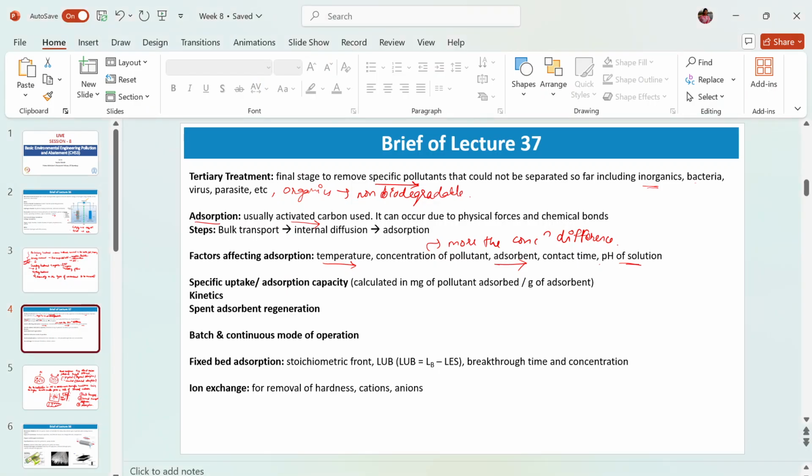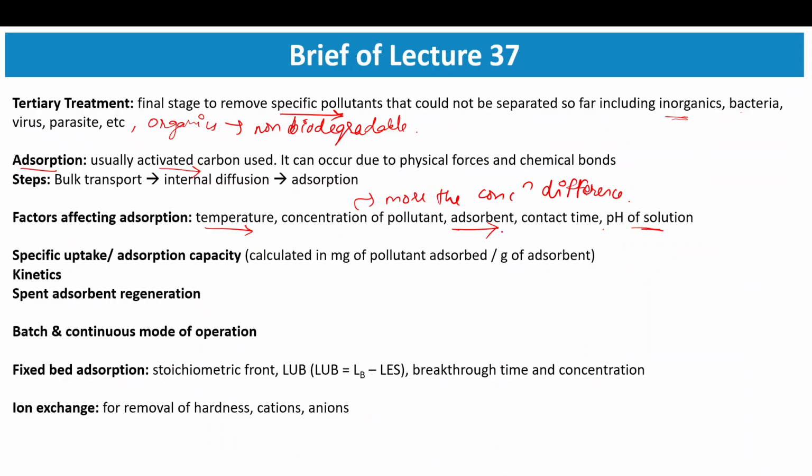So, we were talking about how adsorbent affects the adsorption. Firstly, depending on the type of adsorbent we use, the active sites change, and the affinity of those active sites changes for the particular pollutant.